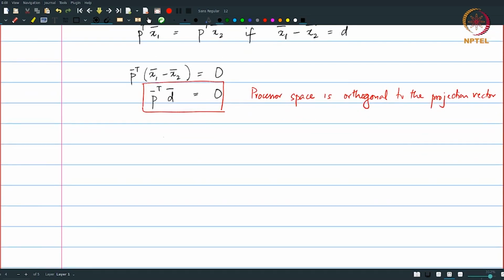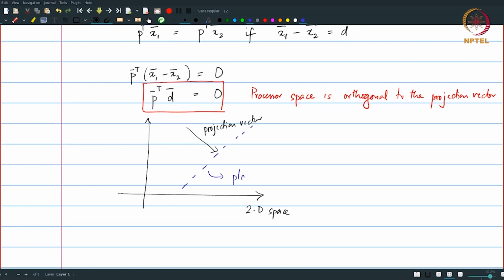In terms of visualization, you can think of it this way. Effectively what we are saying is that I have some kind of a two-dimensional space, and I have a projection vector which basically lands me on a certain plane of projection, which is orthogonal to the projection vector.